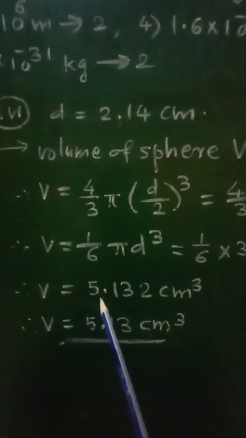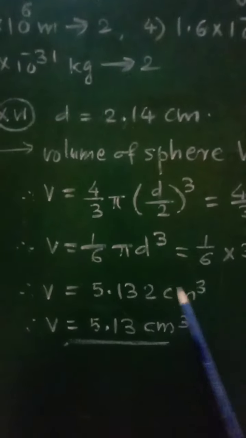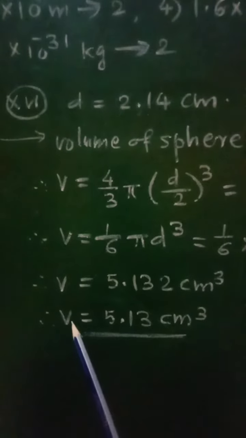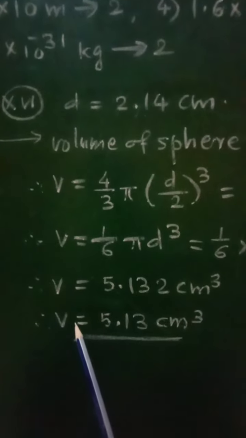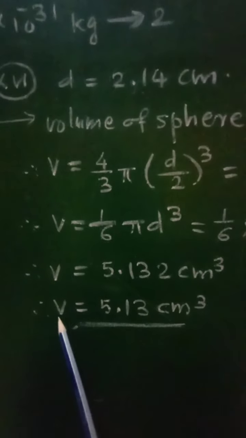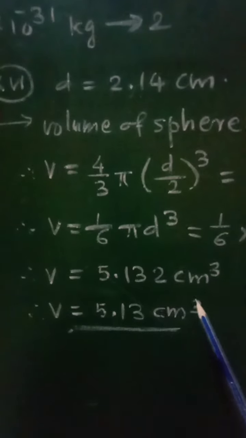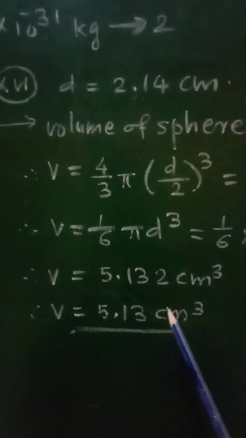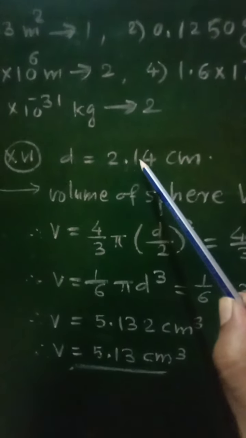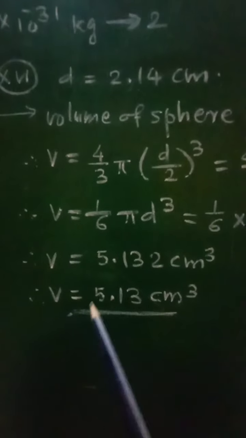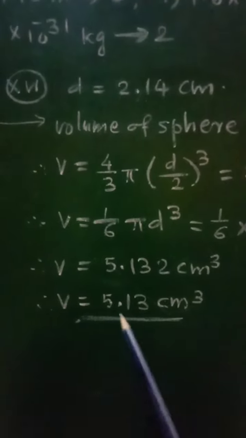V is equal to 5.132 centimeter cube, and therefore at last in the correct significant figures it will be written as V equal to 5.13 centimeter cube, because the diameter has only 3 significant figures, therefore the volume will be written in 3 significant figures.